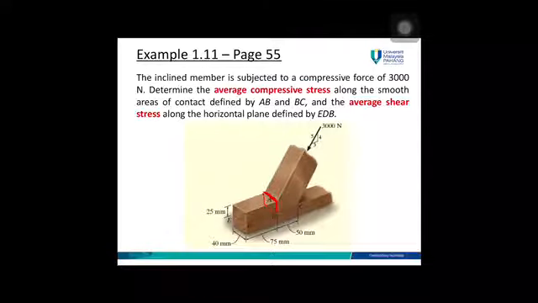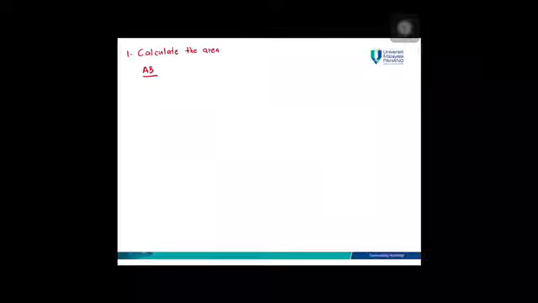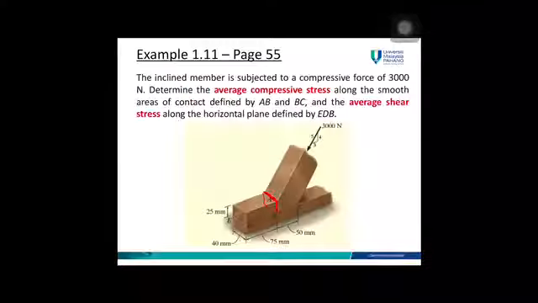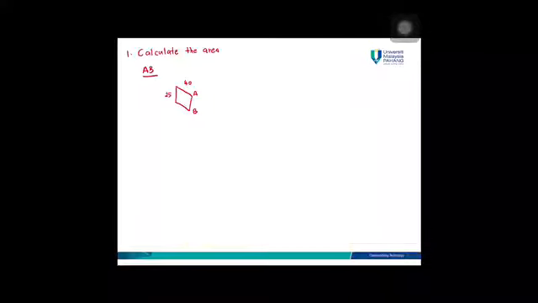That's the area for your AB, and then you draw. This is point A, and this is point B. The dimension is 40 times 25. This one is from the question.